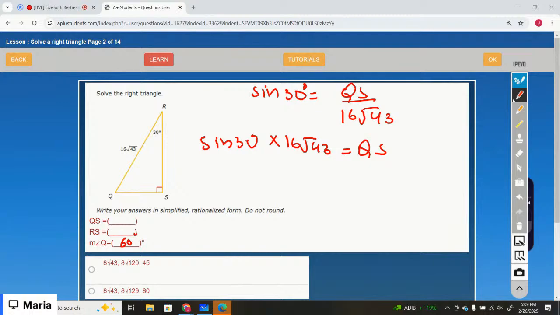So sine 30 equals 1 by 2. 1 by 2 times 16 square root 43. So QS equals 8 square root 43.